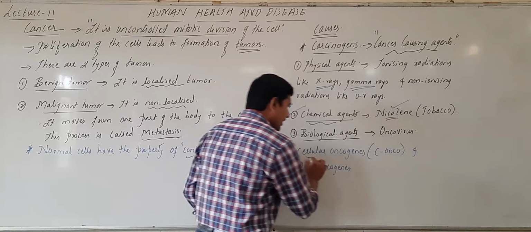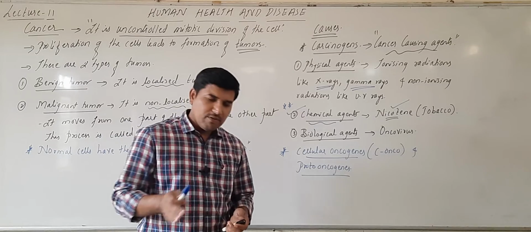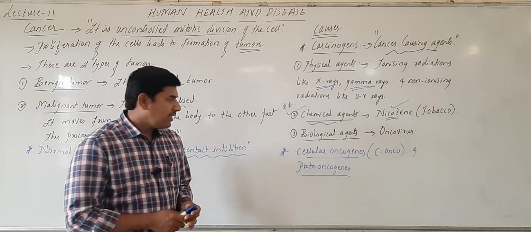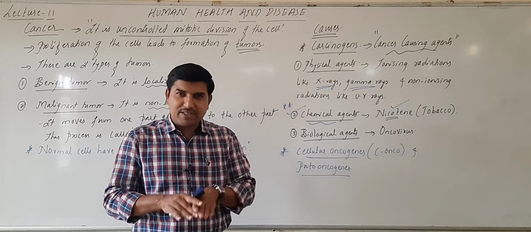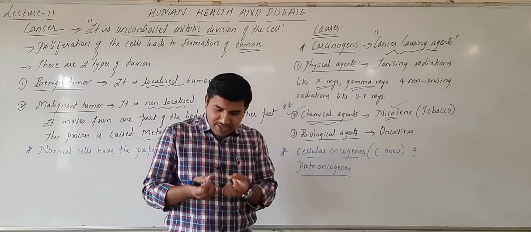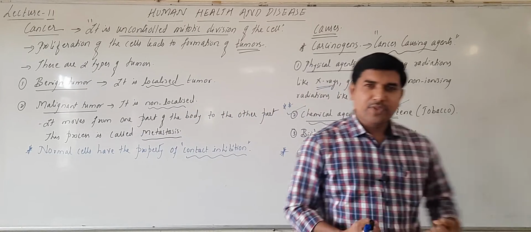That means in the cells, proto meaning primitive or the first type of genes, which are suppressed. In certain conditions, if the genes are triggered, then the person may get cancer.